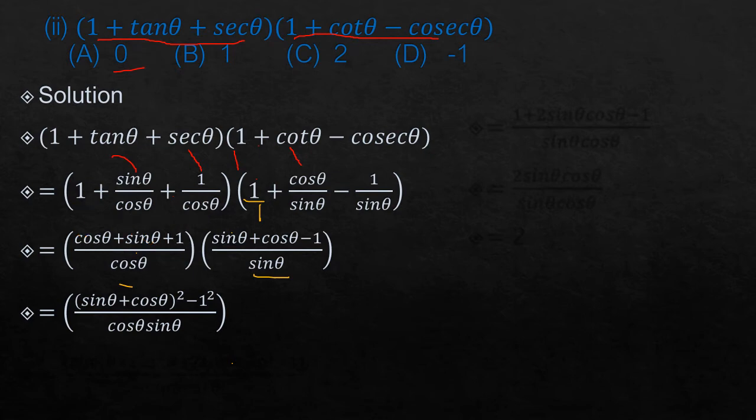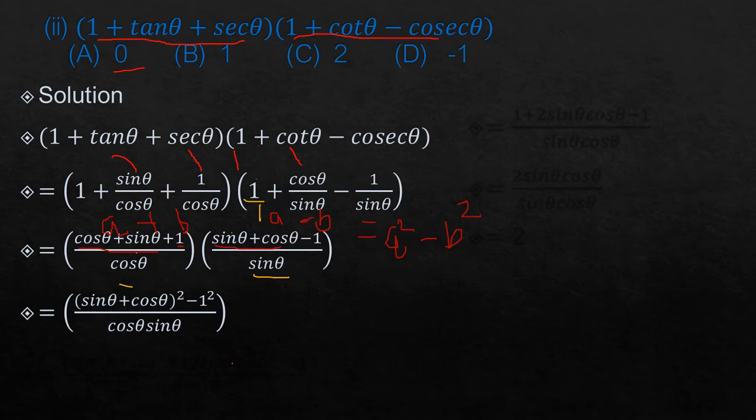Now treat this cos theta plus sin theta as one term, take it as A, and take this 1 as the second term, take it as B. So it becomes A plus B. Similarly here sin theta plus cos theta or cos theta plus sin theta, the meaning is the same. So here it becomes A minus B, where B is our 1. So A plus B into A minus B. As you know, it is equal to A square minus B square.